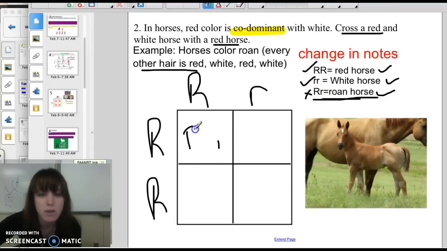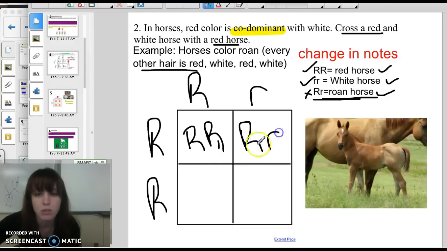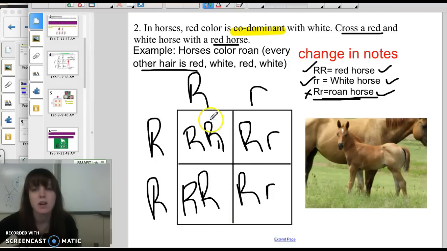So if we're going to show all the possible outcomes of offspring, they could have a completely red horse as a baby. They would have a roan. Okay. They also could have a red as well, or a roan. So there's no chance that they'll get a white horse. They'll either be red or that roan, where every other is red, white, red, white.